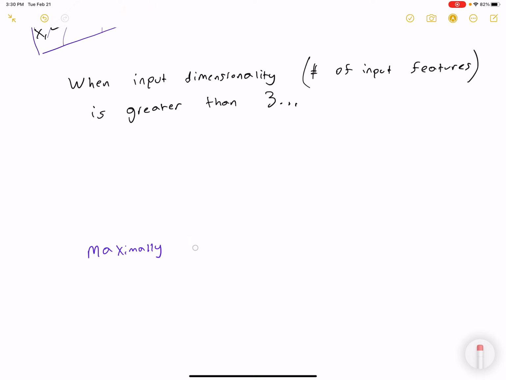So a maximally separating hyperplane, which, if we have 4-dimensional data, that might look like a plane moving through time.